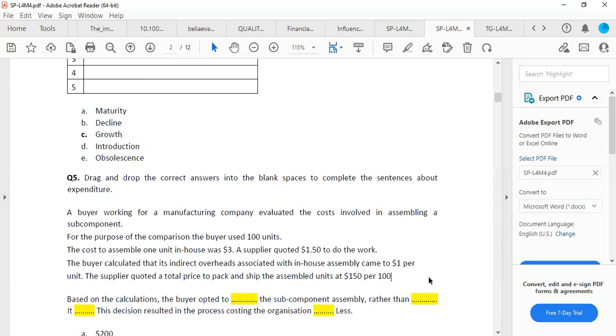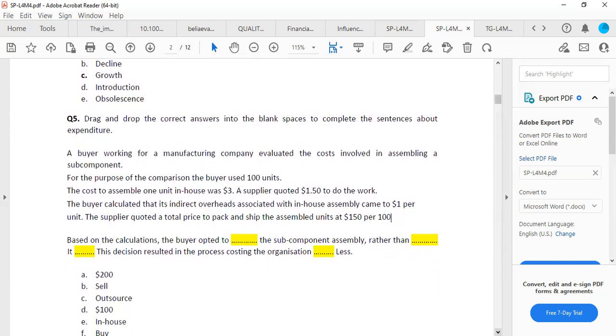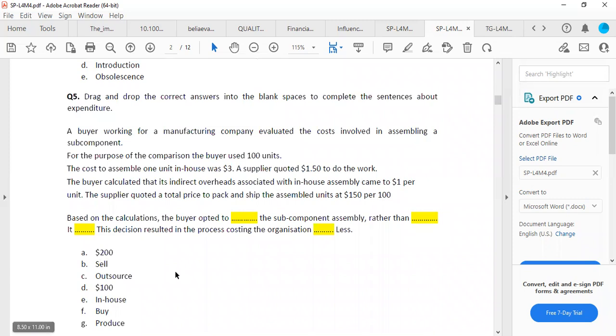So that'll be it. Then drag and drop the correct answers into the blank spaces to complete the sentences. A buyer working for a manufacturing company evaluated the cost involved in assembling a subcomponent.